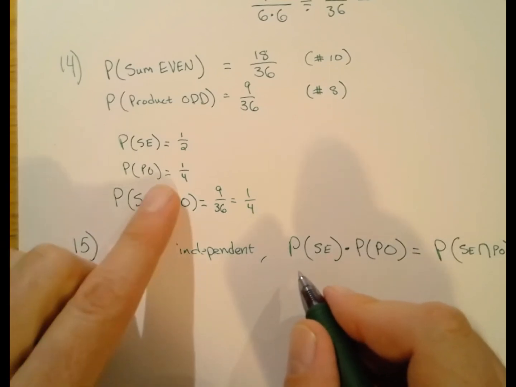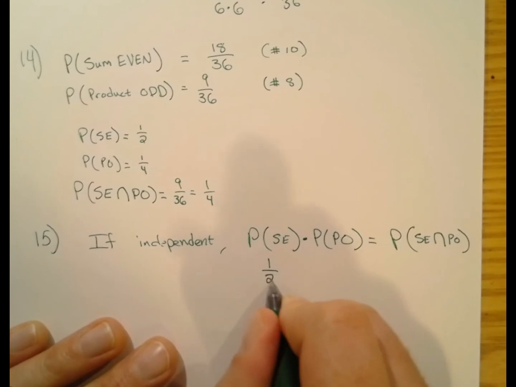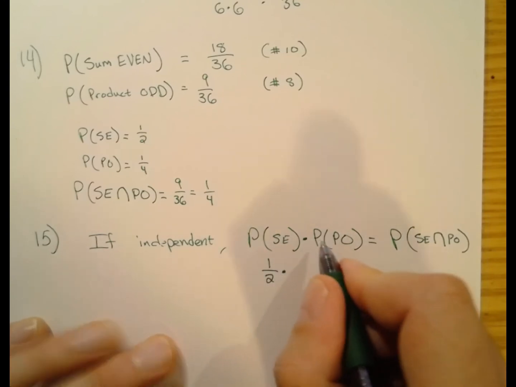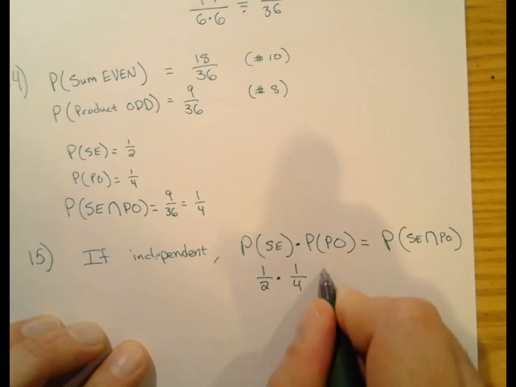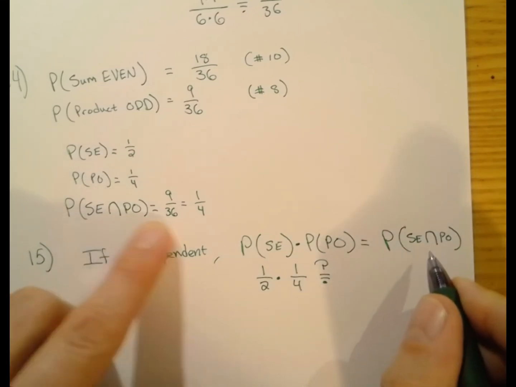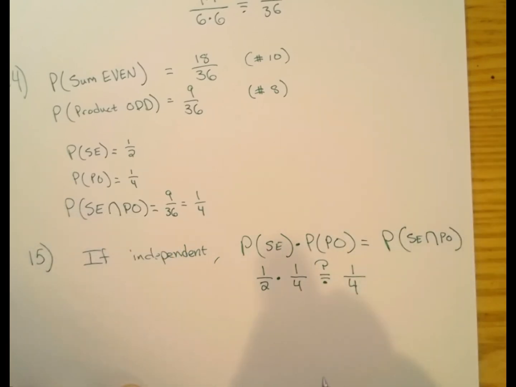The probability of the sum is even, that was 1/2, times product odd, 1/4. Does that equal the probability of them both happening? Let's see.